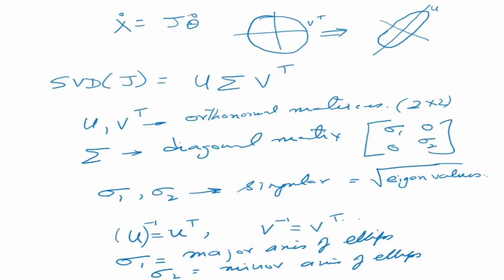So what we are saying is that this transformation here, which transformed the circle into an ellipsoid in n-dimensional space, this is my sigma 1 and that is my sigma 2. Okay, the values I mean, and the axis is u, and here it is vt. Okay, so this is showing that velocity at the joint is getting transformed into an ellipse at the end effector.